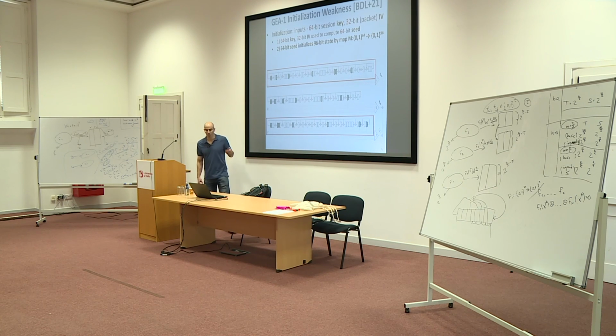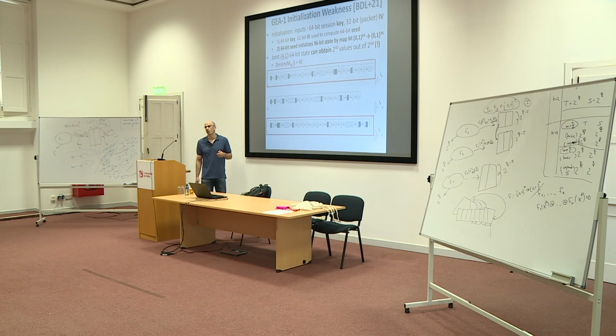But actually, this linear map is degenerate in the following sense. The joint state of A and C, which is 64 bits long, can only obtain 2 to the 40 initial values out of the 2 to the 64 possible ones. That's the backdoor. That's the weakness of the cipher.